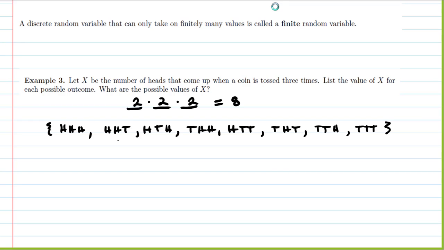And we're defining the possible values of x to be the number of heads. So then this one has how many heads? 3, 2, 2, 2, 1, 1, 1, and 0, right?